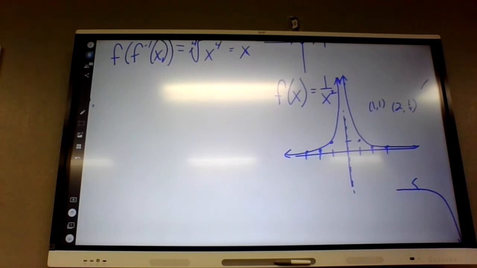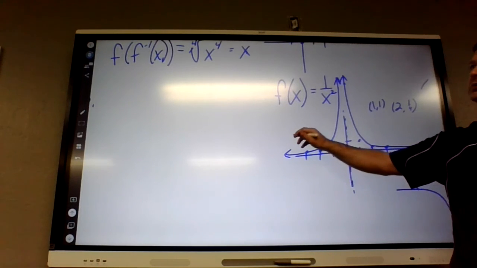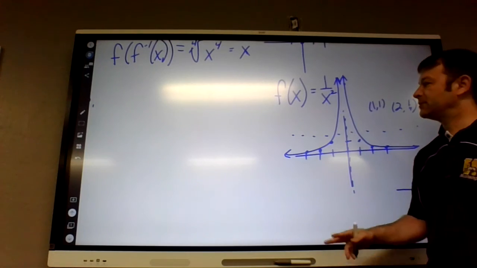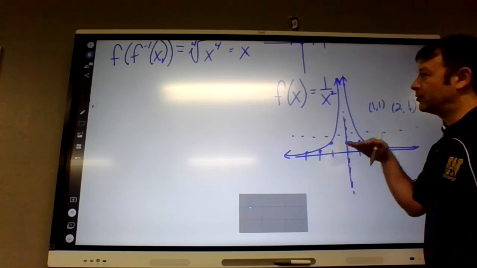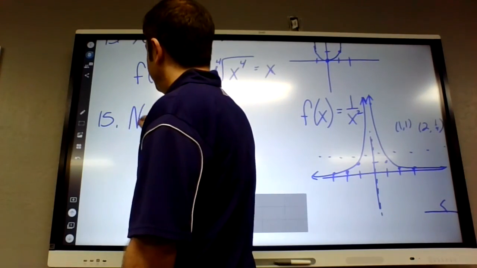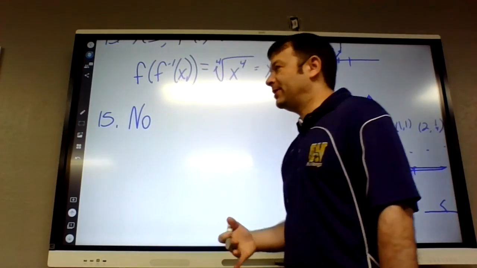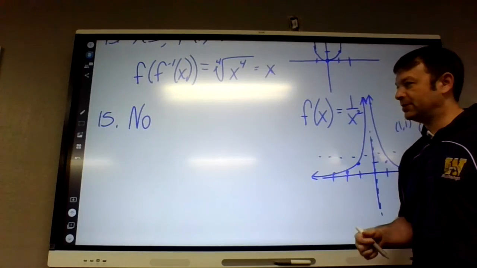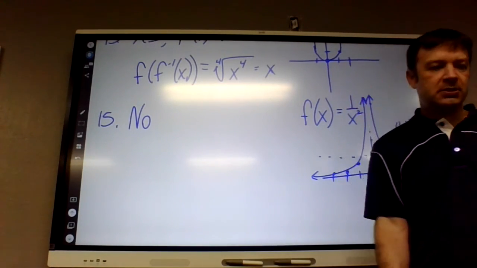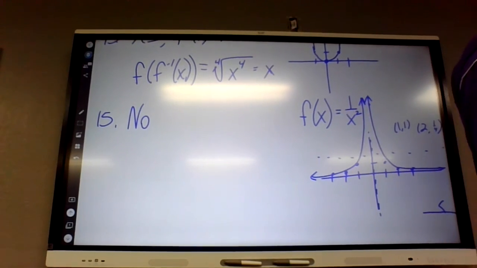Does this have an inverse function? No, that's a fail. It fails a horizontal line test. So in that case, we don't have to find the inverse function because it just kind of dies right there. So that's it for that.